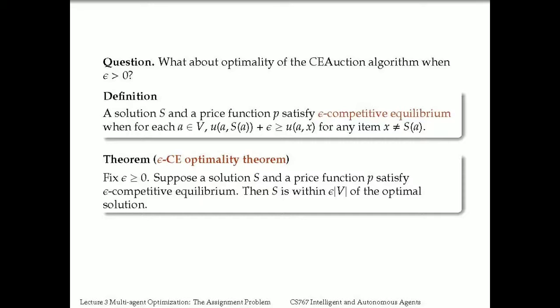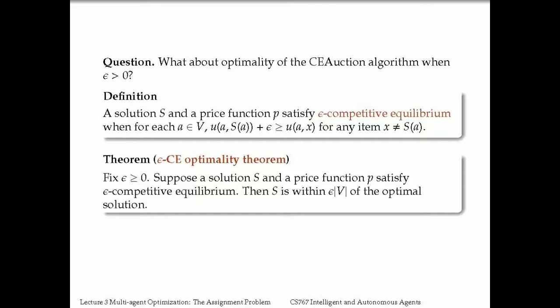The good news is that if we implement the CE auction algorithm with price increment by at least epsilon in each round, we can guarantee that at the end, the solution that we get is epsilon competitive equilibrium. Right? So this means that the total reward of the solution is within epsilon times V of the optimal solution, where V is the number of agents in this setting, right?